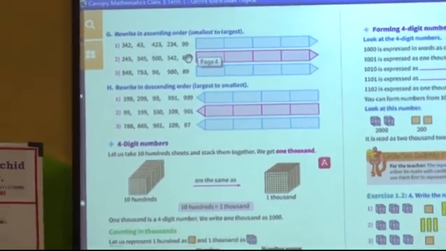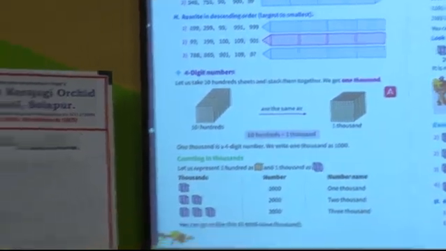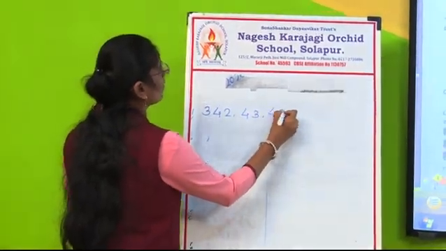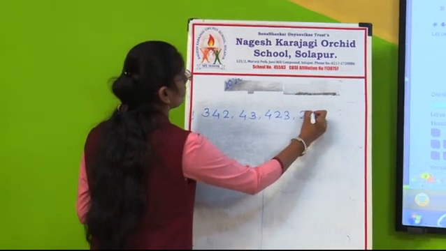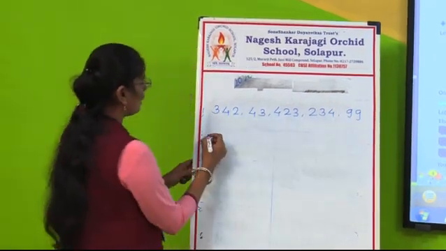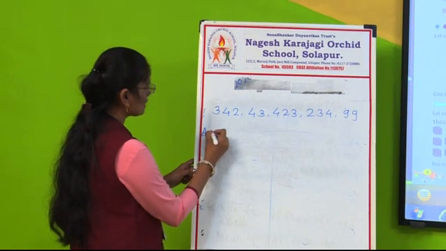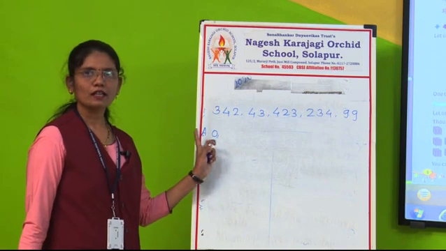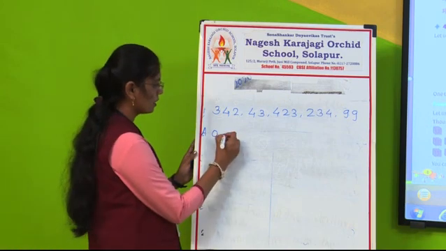Look at the board. 342, 43, 423, 234 and 99. We have to write the numbers in ascending order. So I will write here AO. AO means what? Ascending order. Understood?